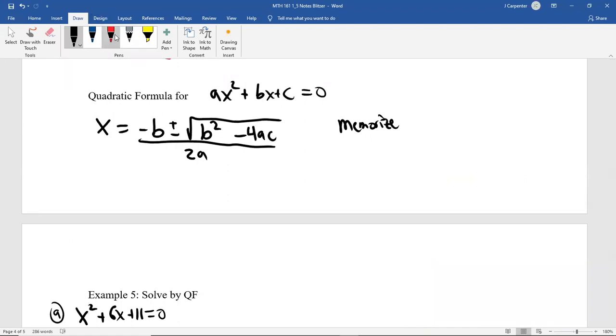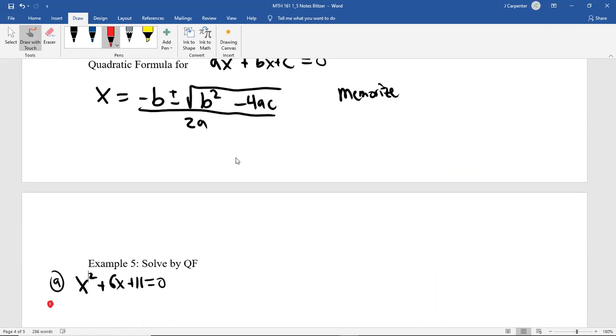So here's one thing I'd suggest: go to the side or below or whatever, and write down what your A, your B, and your C are, especially at first if you're getting reacquainted with this or if it's your first time ever doing it. Establish what A, B, and C are. This is what you call plug and play, or some people call it plug and chug, because all you're doing is plugging numbers into a formula, and then it's arithmetic, arithmetic, arithmetic.